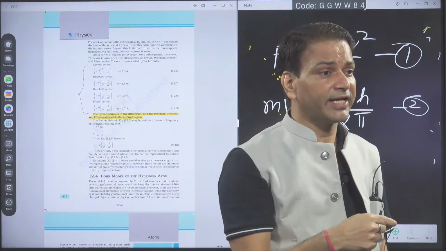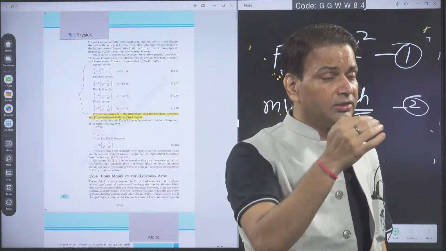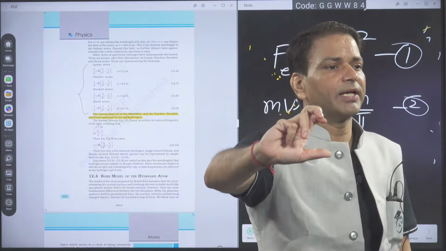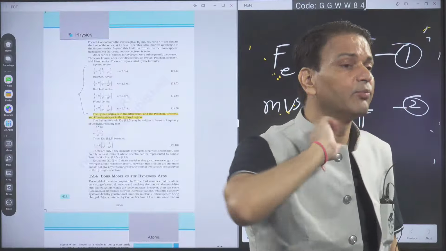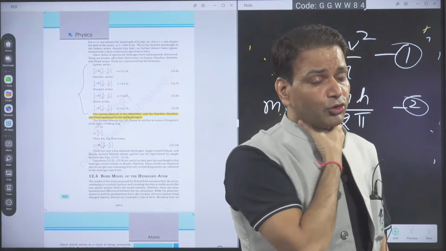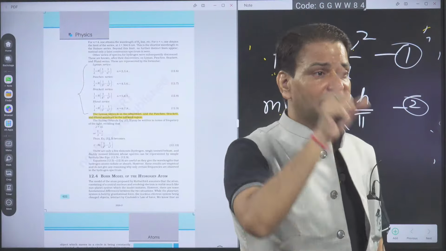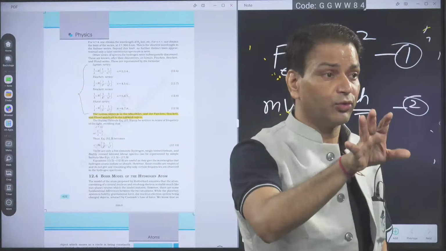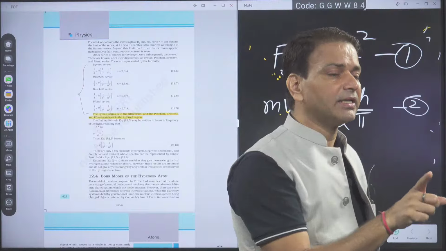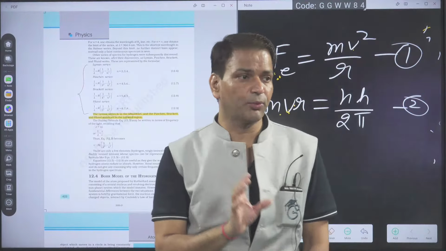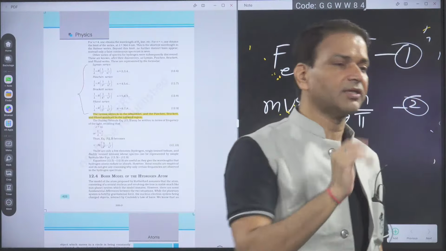Minimum energy in the Balmer series is 3 to 2: second orbit energy is minus 3.4, third orbit energy is minus 1.5, difference is 1.9. So the minimum energy photon in Balmer is 1.9, and the maximum is 3.4. I am talking about the hydrogen atom. Everybody getting it or not?